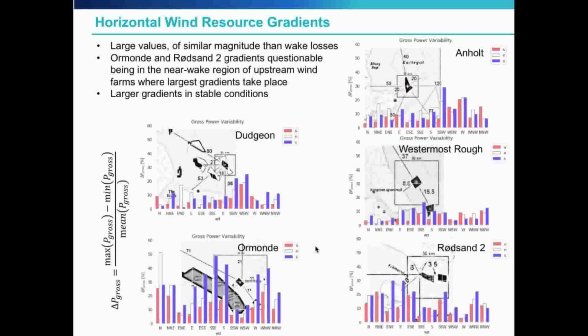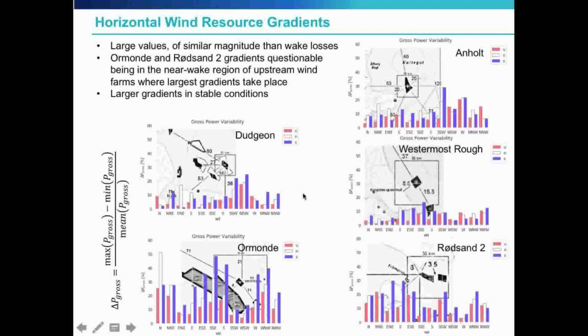Something to keep in mind is horizontal wind resource gradients. Here you see how it works for the 5 wind farms, depending on the wind direction and the stability. What we do here is we take the simulations with mesoscale, and then we compute the gross power across the wind farm. We compute the maximum and the minimum, and then we divide by the mean, and we see that the variability within the wind farm is typically within 10%, but very often you see 20, 30, 40, and even 50% gross power variability.